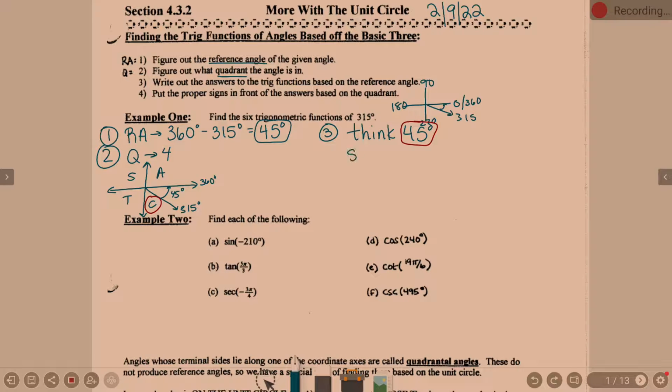Now, what we're really finding is the sine of 315 degrees. When I ask what is the sine of 315 degrees, what you're really thinking is, what is the sine of 45 degrees according to my chart? Does that make sense? Because 315 is 45 degrees from the x-axis. So what is the sine of 315 if it's equivalent to 45? Square root of 2 over 2.